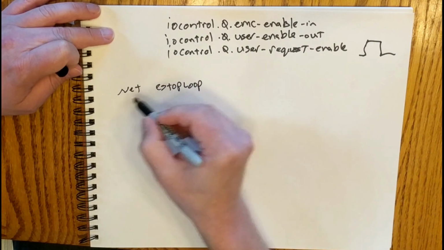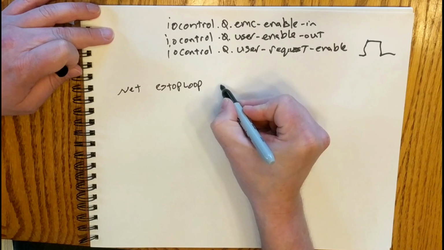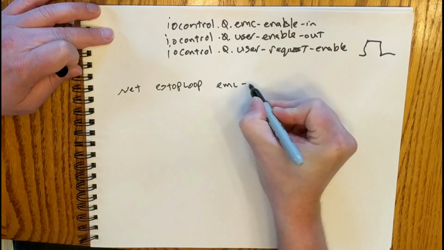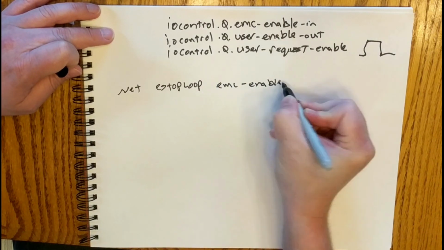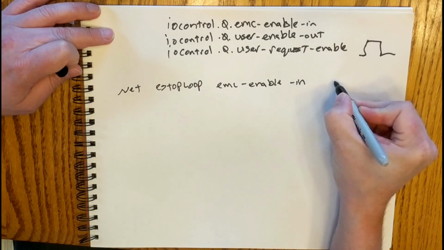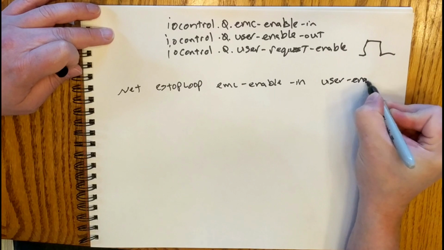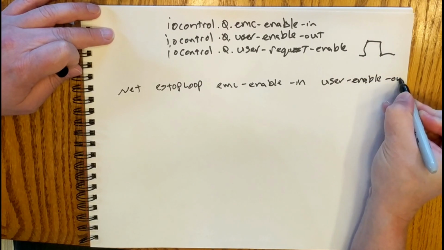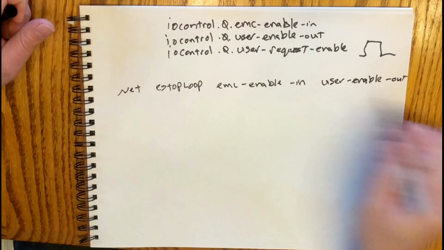So it's going to have one line that says net estop-loop iocontrol.0.emc-enable-in and then iocontrol.0.user-enable-out. And this is the line.